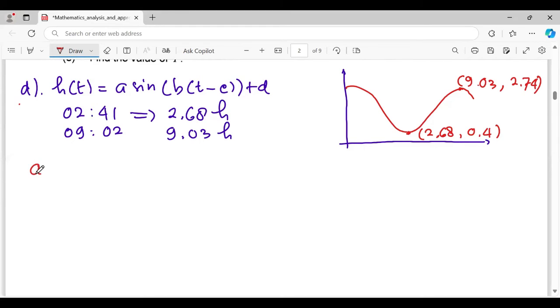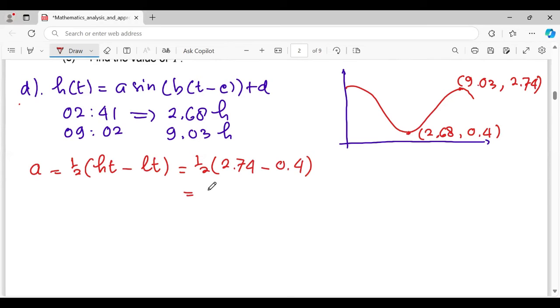A is amplitude. Amplitude is half of the difference between high tide and low tide. So to calculate this: half times high tide minus low tide, which is half times 2.74 minus 0.4.